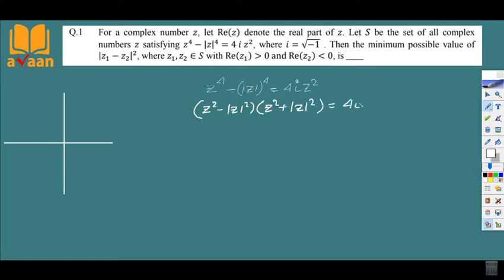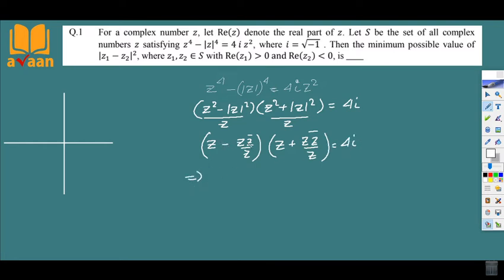What I do is I keep this 4 iota here and bring down the z square and give it to these two expressions separately. Now when I go ahead with this, this becomes z minus modulus of z square, which can be written as z into z conjugate upon z, into z plus again z into z conjugate upon z, is equal to 4 iota.